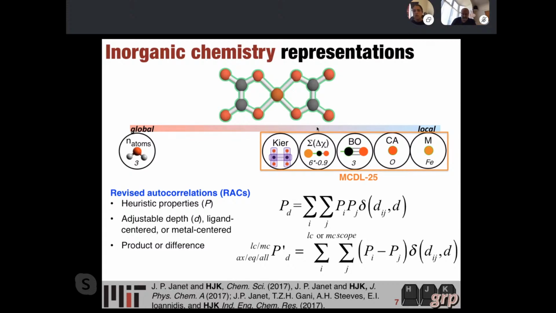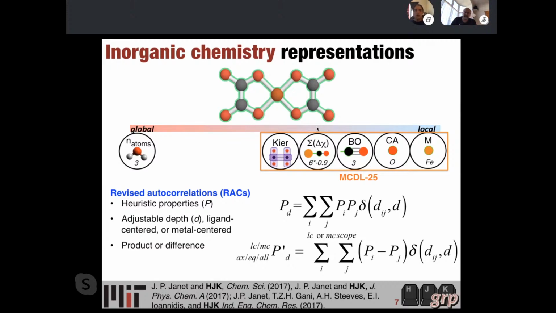These are discrete products of heuristic properties on the molecular graph. And they have an adjustable depth. So they're the product of properties 1 bond away, 0 bonds away, 2 bonds away, and so on. And these heuristic properties, we would just look them up in a table, and they correspond to properties of the individual atoms.